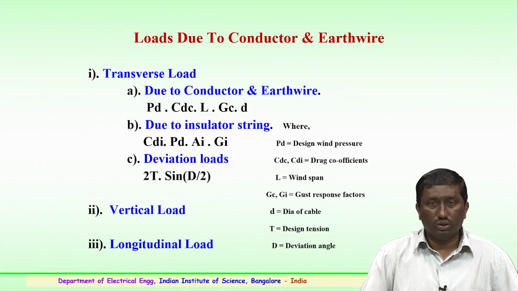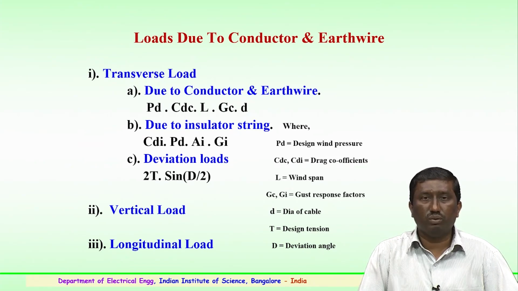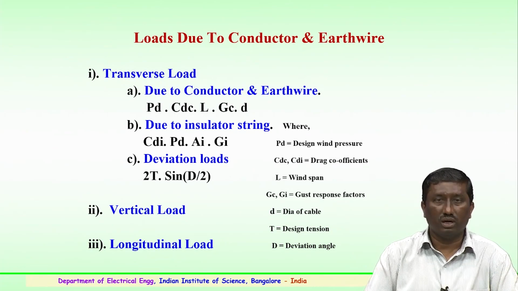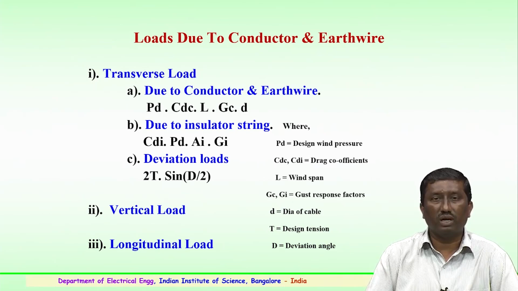These particular values are assumed and the effect on total tower loading is estimated. And the loads due to the conductor, earth wire, and insulator strings also have to be considered. Again, these loads may be transverse loads due to the conductor and earth wire, or due to the insulator string, or due to the deviation of the loads because of wind in that area, vertical loads, or loads because of longitudinal compression and tension.